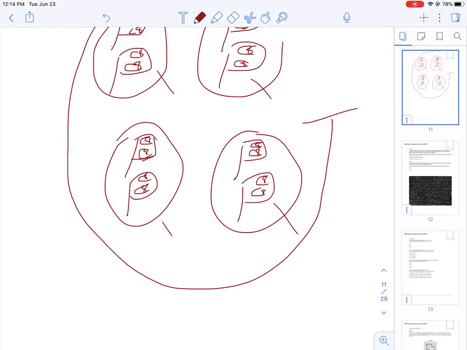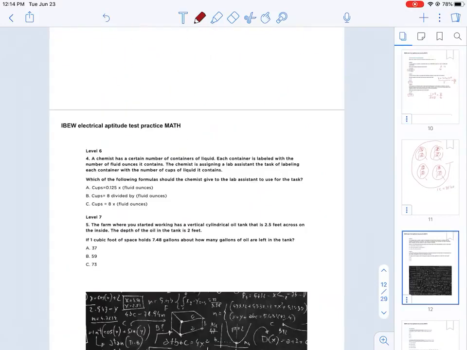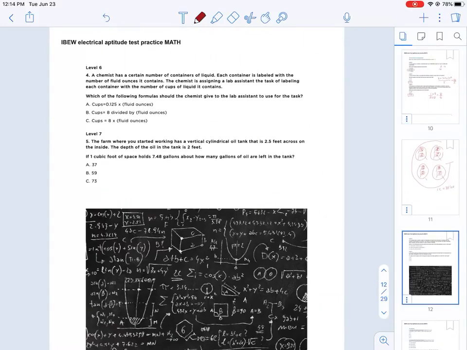Now if we go back to what they're saying, 1 cup equals 8 fluid ounces. So that's the fact from this picture that you would have to take away, okay? So a cup is 8 fluid ounces. If we know the number of fluid ounces and want to go backwards, we need to divide by 8.